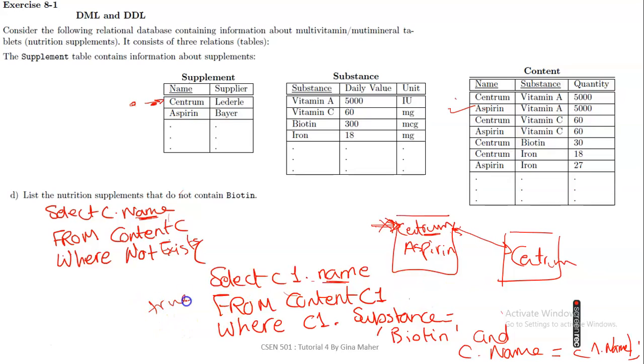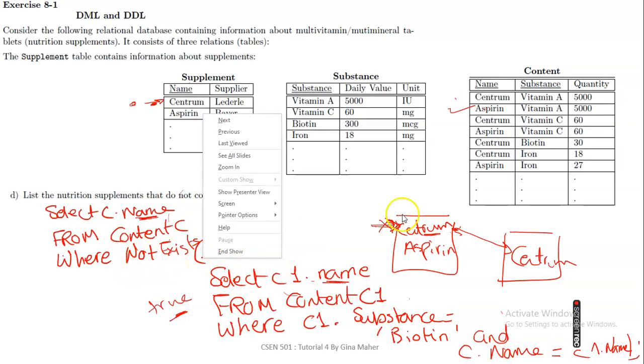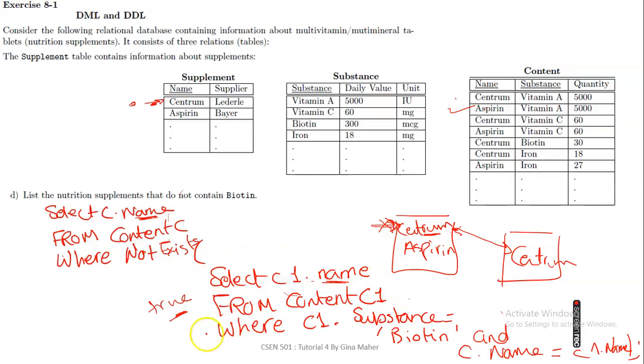Okay, since this one returns true and this is NOT EXISTS, then the Centrum in this case will not be returned as an output because this does not exist. So this query will return true. NOT EXISTS with true will not return this row. So in this case, the Centrum will not be returned.